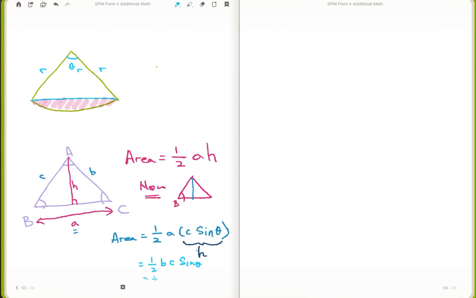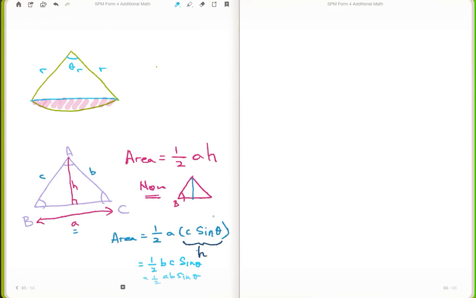It's also equal to A B sine theta. It doesn't really matter how it goes. You have B C sine theta, A B sine theta, you would get the area of a triangle.